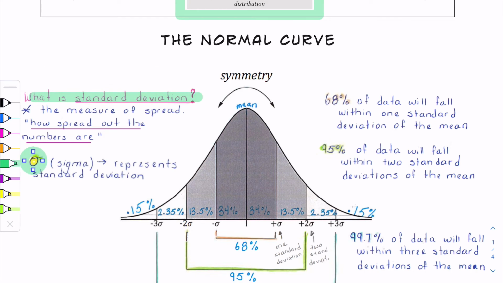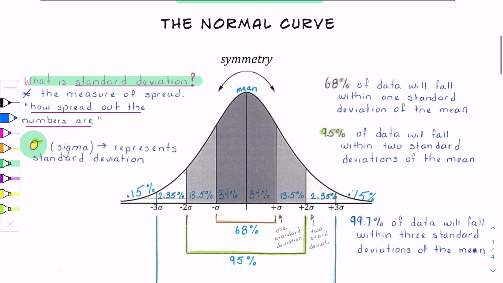It looks like an O or a circle with a little tail on the top. It's called sigma. It's a Greek letter, and it represents standard deviation. So once again, when we go through the next few examples, you'll see how this is going to apply to the normal curve. Right now, we're just talking about the key aspects of it.